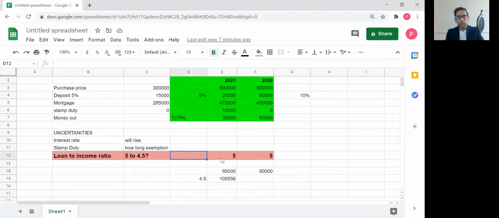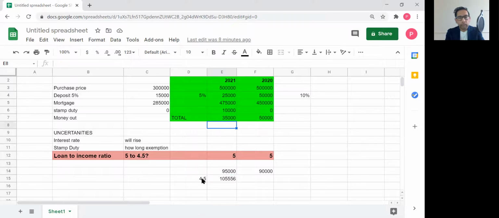But what happens if the lenders are tighter? Let's say they become tighter because of the reduced deposit, and they say the loan to income ratio will be reduced to only 4.5 instead of 5 times. So what happens then? In this scenario, you already needed 5,000 more annual income to cover the same property value.